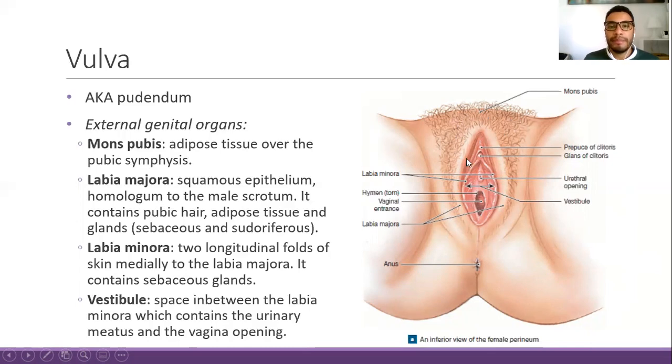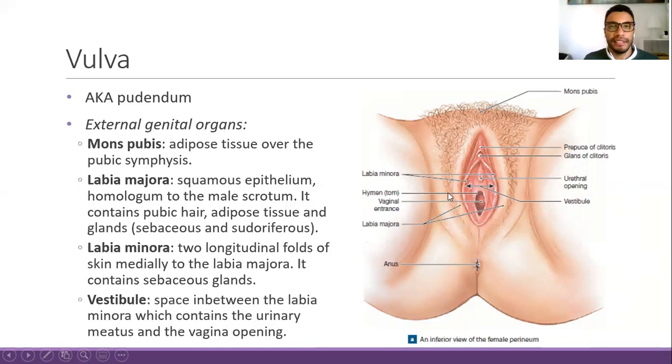Then there is the labia majora, that you can see here, more externally, and the labia minora, more internally, okay. So the labia majora is squamous epithelium, homologous to the male scrotum, contains pubic hair, adipose tissue, and glands, sebaceous and sudoriferous glands, okay.